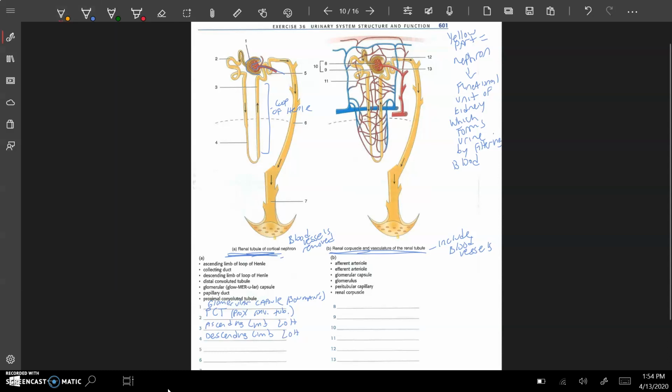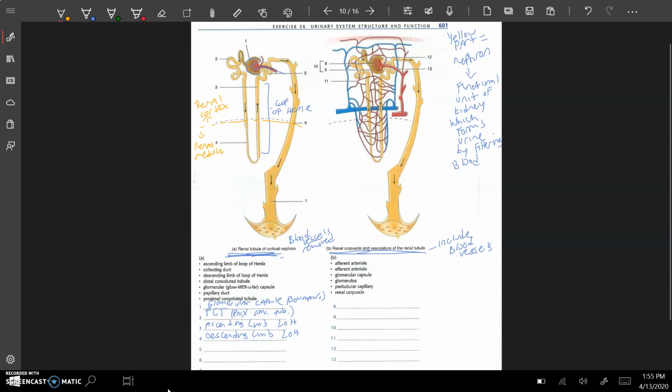All right, and if you see here, there's this dotted line. What that dotted line represents is that everything above the dotted line is going to be the renal cortex. This is where we are inside the kidney. And underneath the dotted line is going to be our renal medulla.